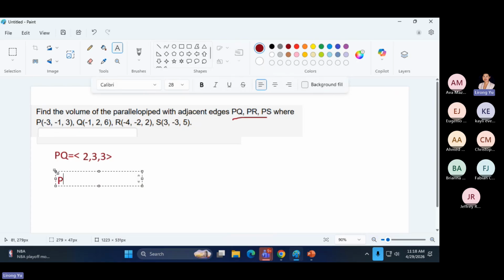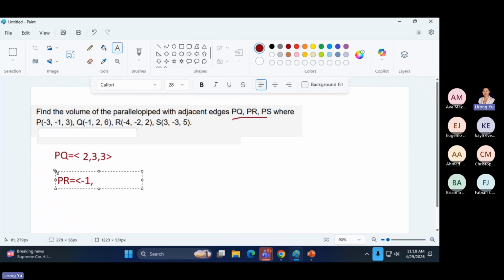We always start from the same point, so now we find PR. PR is -4 minus -1, which is -3, then -2 minus 1, which is -3, and 2 minus 3, which is -1.